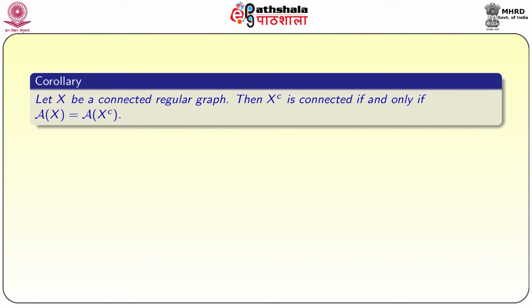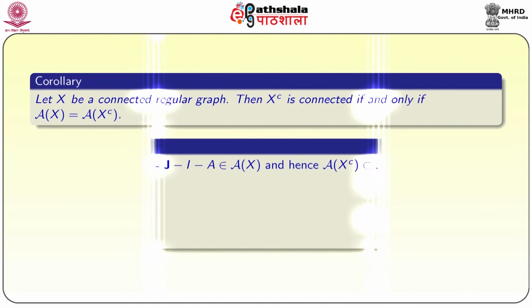Now, as a corollary to this result, if X is a connected regular graph, then X complement is also connected if and only if the adjacency algebra of X is equal to the adjacency algebra of X complement. That means both algebras coincide when both X as well as X complement are connected. The proof is easy.